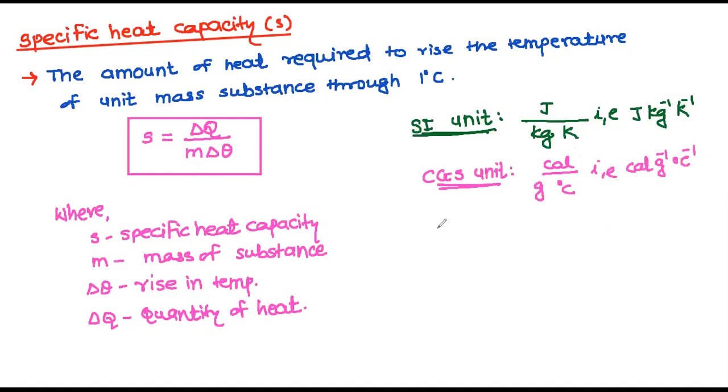This is the CGS unit of specific heat. So we have learned what specific heat is and its SI and CGS units. Note this down and let's solve one problem.